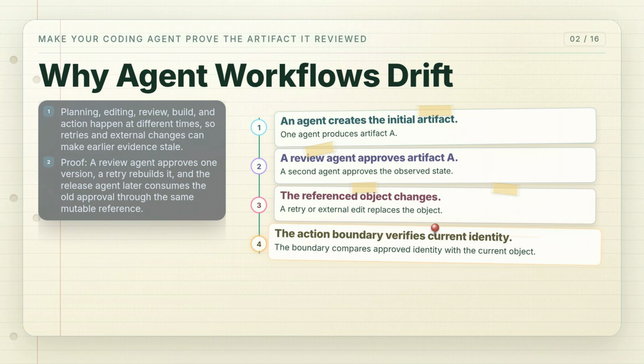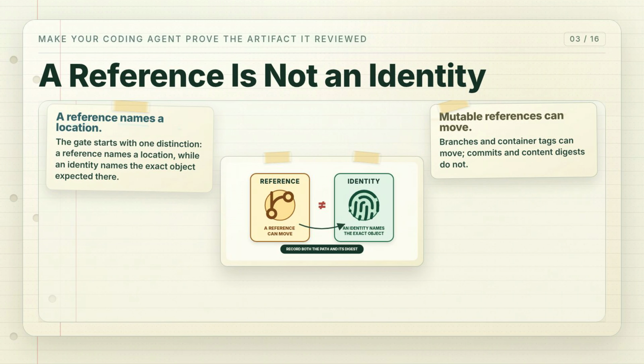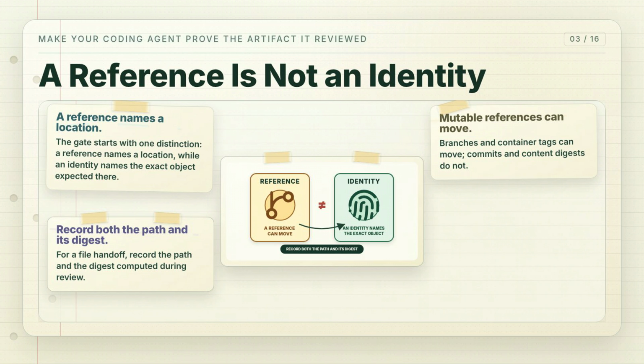The gate starts with one distinction. A reference names a location, while an identity names the exact object expected there. Branches and container tags can move, commits and content digests do not. For a file handoff, record the path and the digest computed during review.